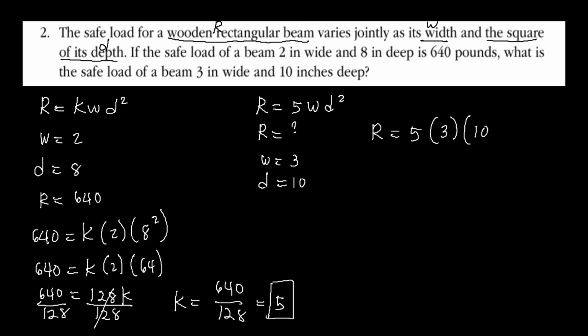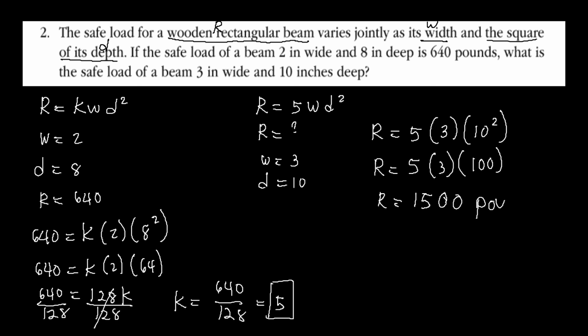So, this one. Okay? So, R equals 5. Okay? Times 3 times 100. So, 10 squared is 100. R is equals to 5 times 3, 15 times 100 is 1,500. Tama ba? 15 times 100 is 1,500 pounds.